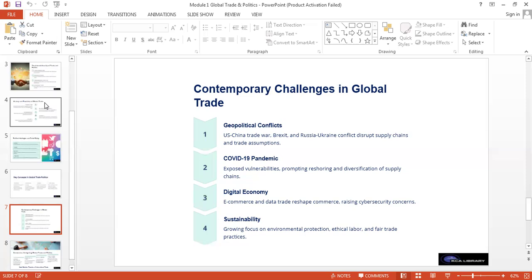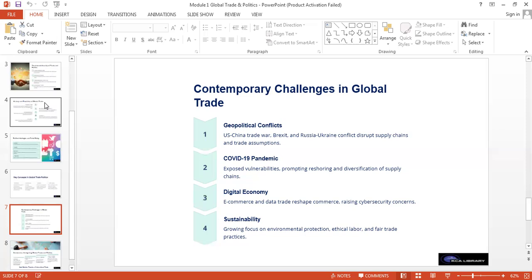We also have the pandemic. The COVID-19 pandemic exposed vulnerabilities, which prompted reshoring and diversification of supply chains. Another challenge is the digital economy, the likes of e-commerce and data trade, reshaping commerce and raising cybersecurity concerns.